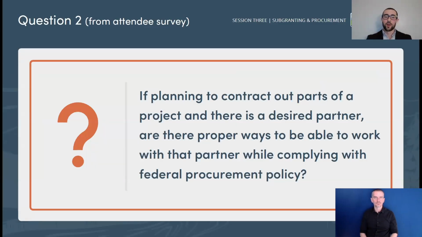Essentially, we need to abide by competitive procurement processes, right? Where we're not giving an undue competitive advantage to any particular entity, and we're objectively carrying out the bidding or the RFP process. So, is there a way to do that, but also choose the desired partner to deliver those goods and services?